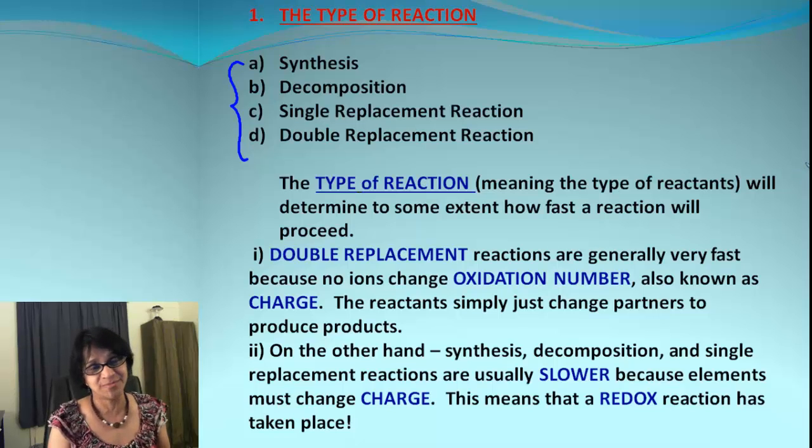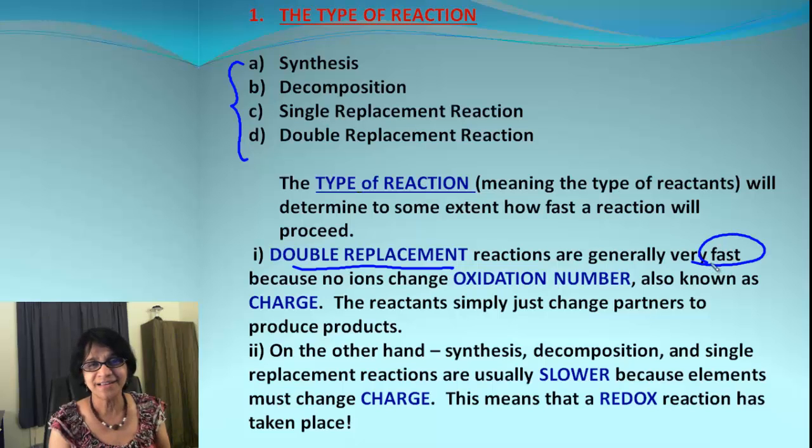Now I'm going to make a statement and I'm going to explain why I'm making the statement just in a minute. The type of reaction is definitely going to find out to what extent reaction will proceed or what is the rate of reaction. Double replacement reaction is the one which will generally go extremely fast.